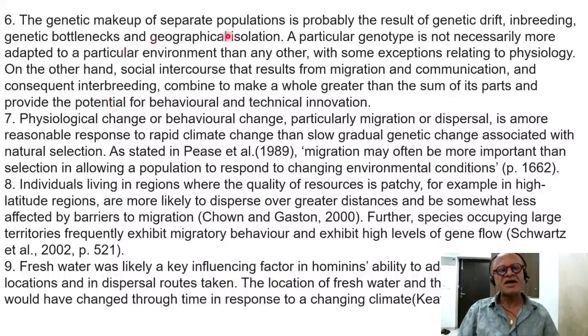The genetic makeup of separate populations is probably the result of genetic drift, inbreeding, genetic bottlenecks, and geographical isolation. So we talked about this a little bit as to how genetic drift and bottlenecking can happen. A particular genotype is not necessarily more adapted to a particular environment than any other, with some exceptions relating to physiology.